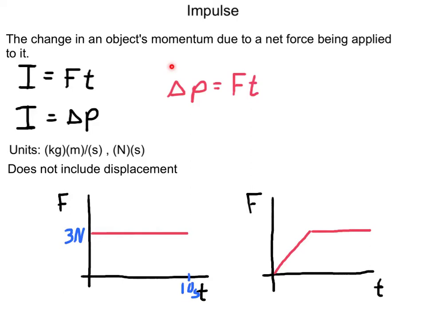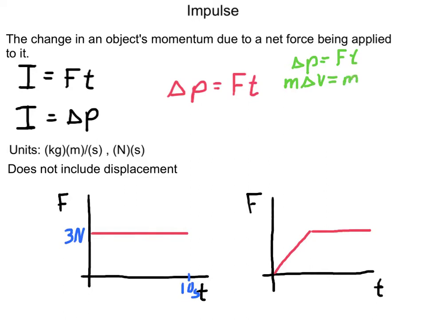Let me do a quick proof to show that the two are the same. Delta p, the change in momentum, versus Ft. Assuming we don't change the object's mass, the only thing that's going to change is the velocity, so the velocity is going to grow or shrink, delta v.